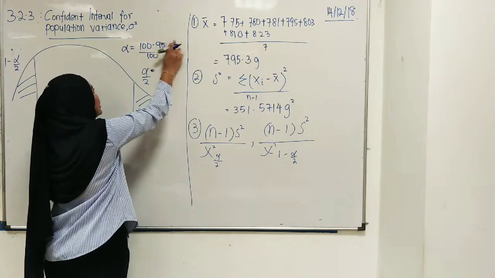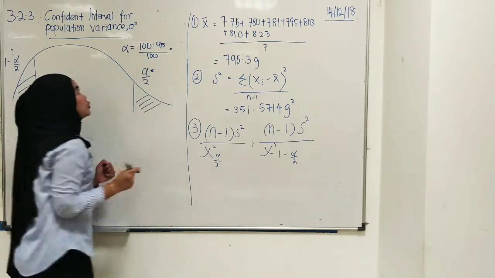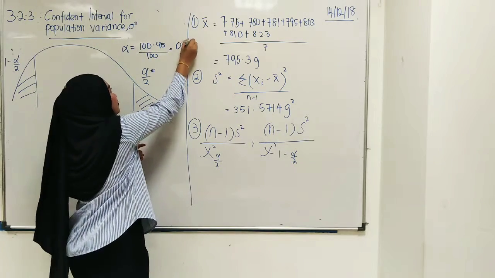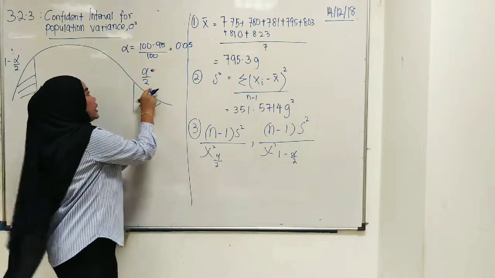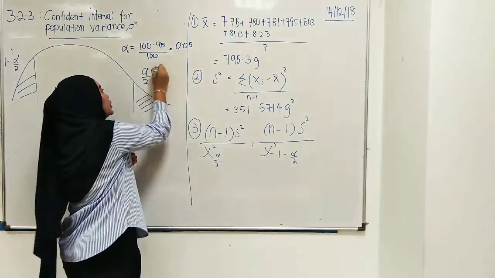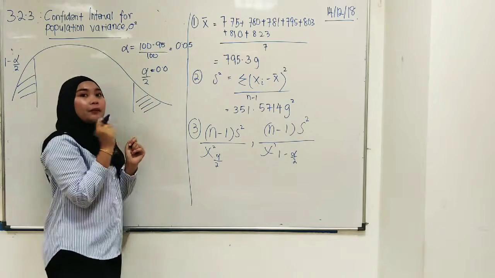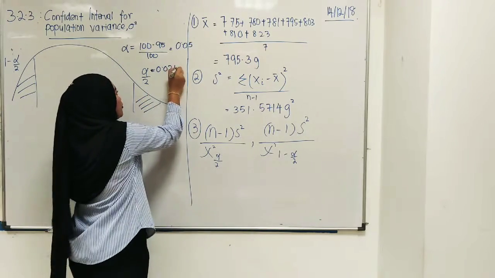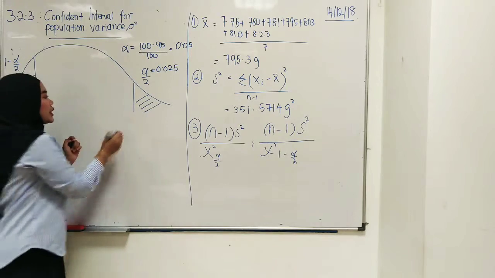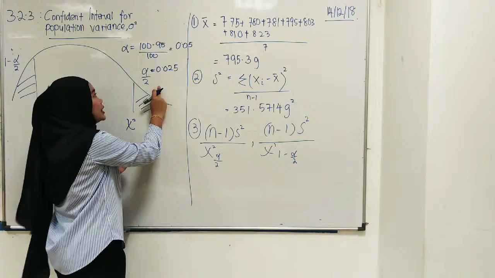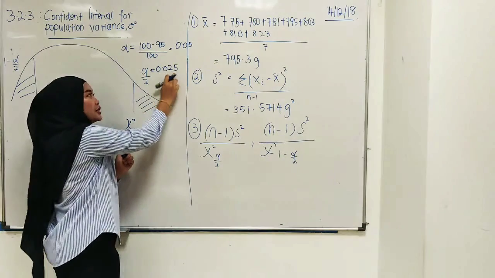What we have here is equal to 0.05. So we want to calculate alpha over 2. 0.05 divided by 2 is equal to 0.025. So in the chi-square table, we want to find the value of alpha over 2, which is 0.025.